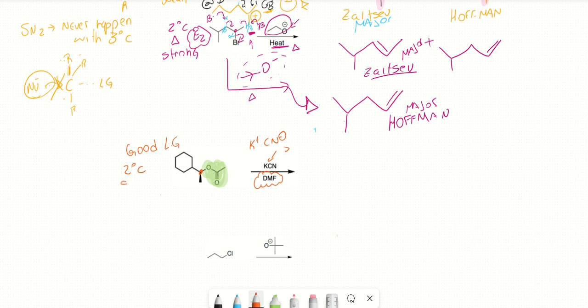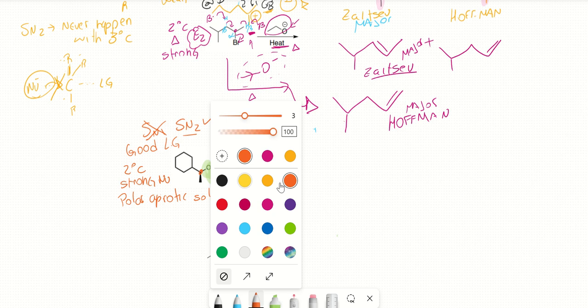And we have DMF, which is a polar aprotic solvent. So SN1 will not happen, but we can have SN2. Yes, we have everything that tells us this will be SN2: polar aprotic solvent, strong nucleophile, and a good leaving group. So everything will happen at the same time.